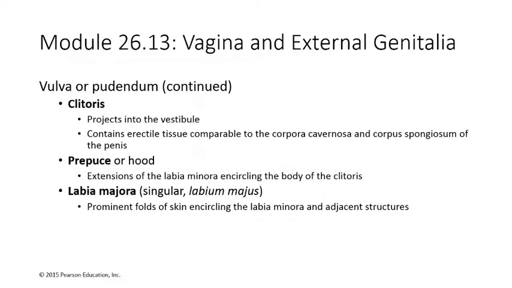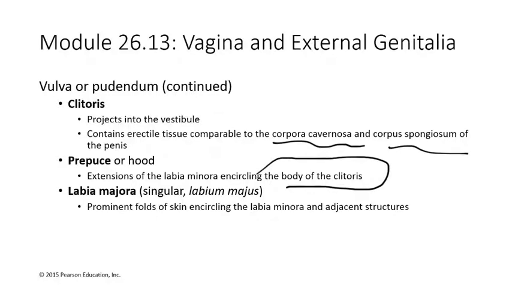The clitoris projects into the vestibule, and it has erectile tissue and would be comparable to the corpus cavernosa and the corpus spongiosum. That is, it is the erectile tissues. There is a hood or a prepuce. This is similar to the prepuce on the penis, and this is going to be encircling the body of the clitoris.